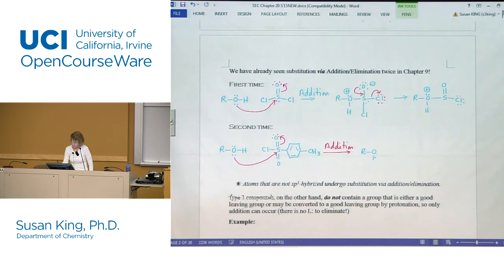And then after addition, because the sulfur has a chloride which can act as a leaving group, it's going to do just like carbonyls do. So we have negatively charged oxygen. What else do we have? We have a chloride here. We have a toluene ring attached here. And we have a second oxygen. So a lot of groups around sulfur. And then we had the electrons on oxygen come down and kick off our leaving group, chloride ion.